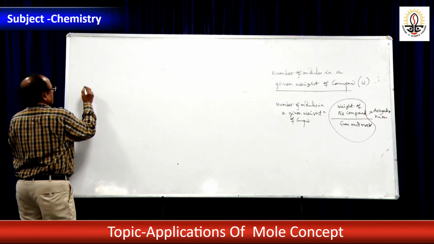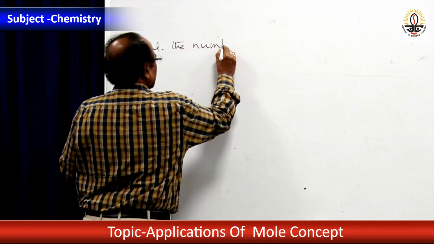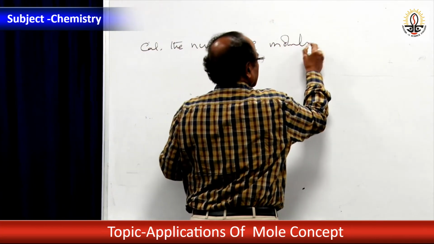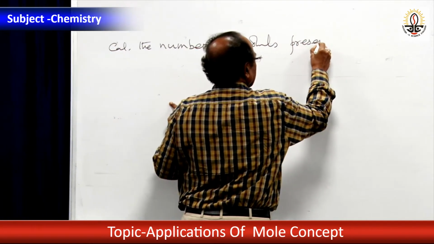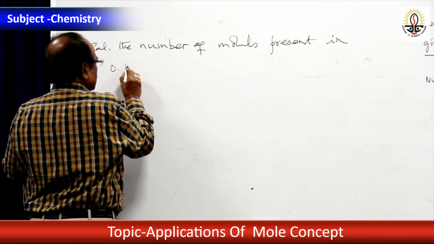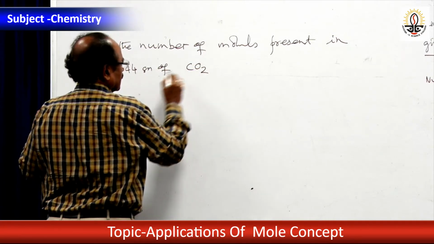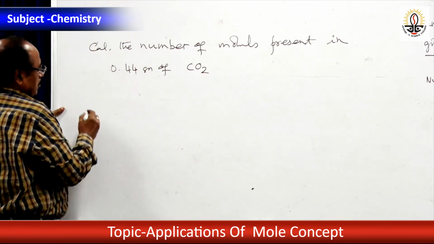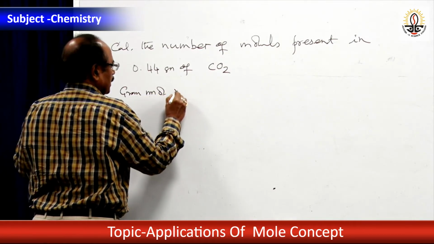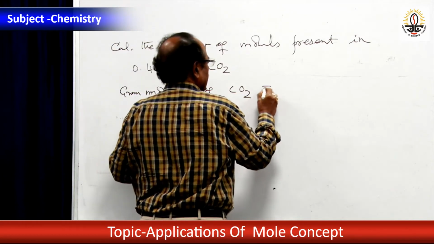Suppose you are given this question: calculate the number of molecules present in 0.44 grams of carbon dioxide. So, the gram molecular mass of carbon dioxide is 44.